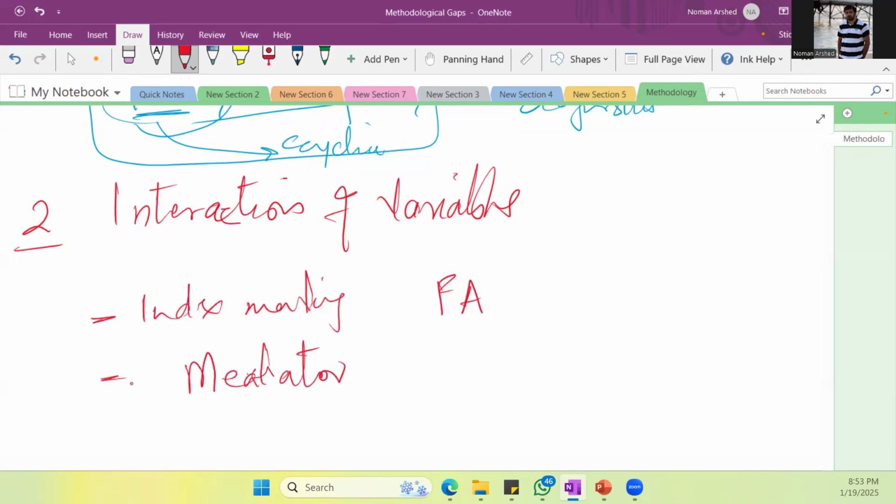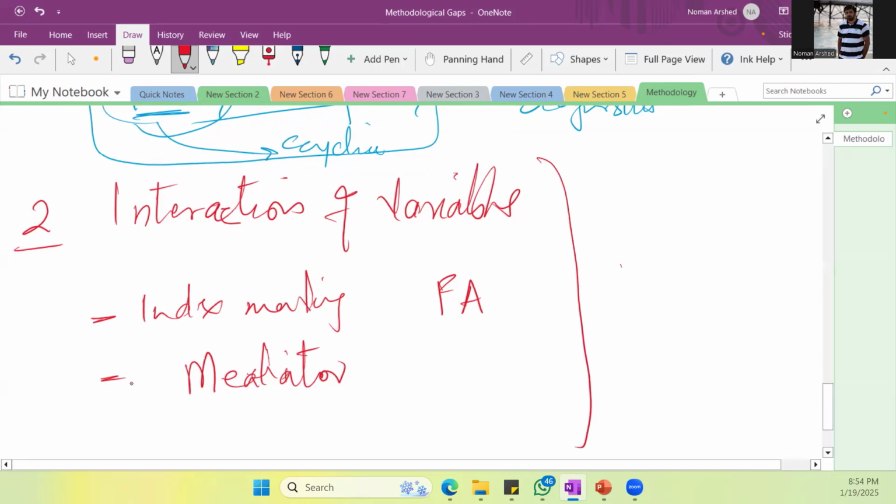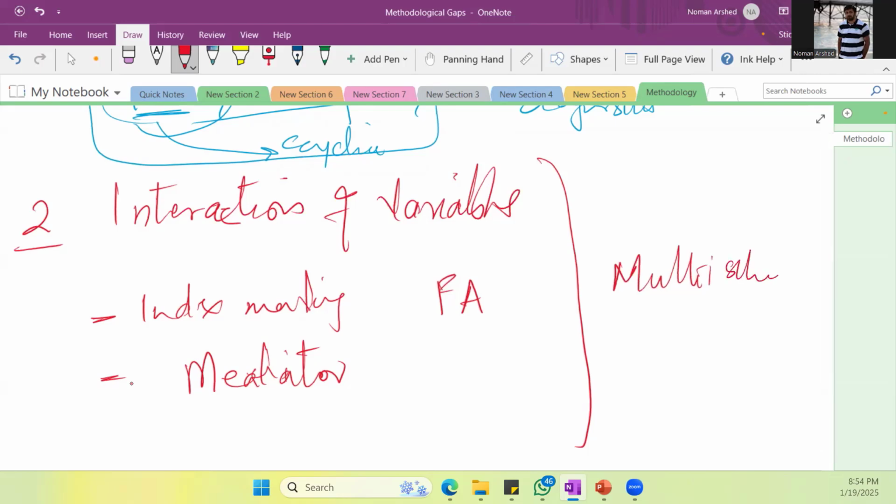By interaction of variables, you mean they have multicollinearity? Yeah. So the major motivation behind this strategy is that if there is any multicollinearity, okay. But the third type is the square form.